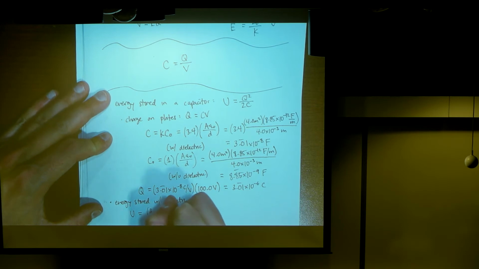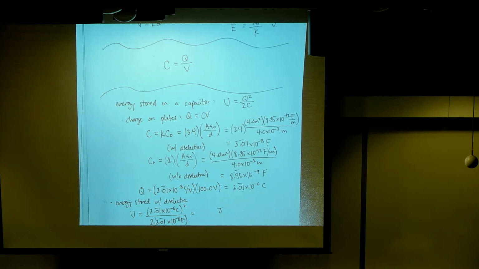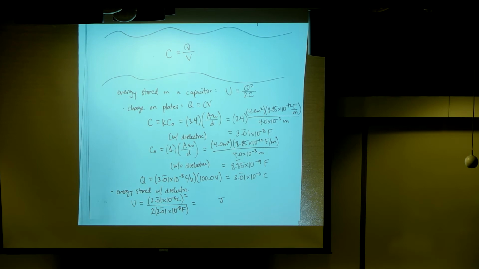That's 3.01 times 10 to the minus 6 coulombs squared, divided by 2 times C, which is this value, 3.01 times 10 to the minus 8 farads. I think I showed you last time how this works out unit-wise to units of joules. So it's an energy, we have SI units in, we get the SI unit of joules out.